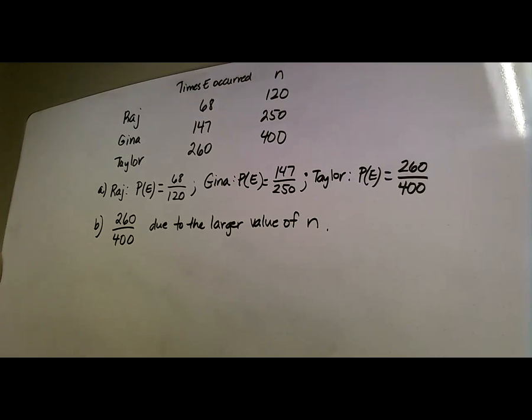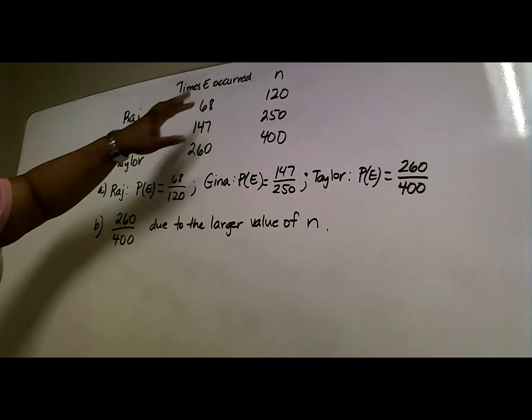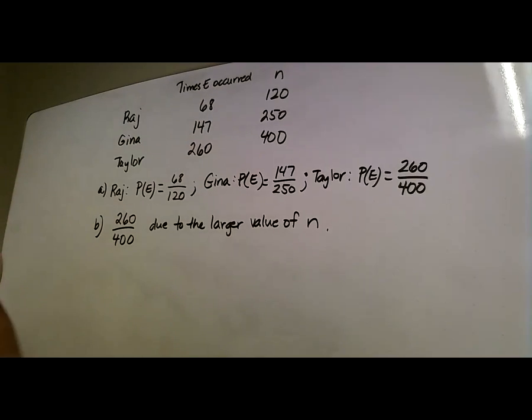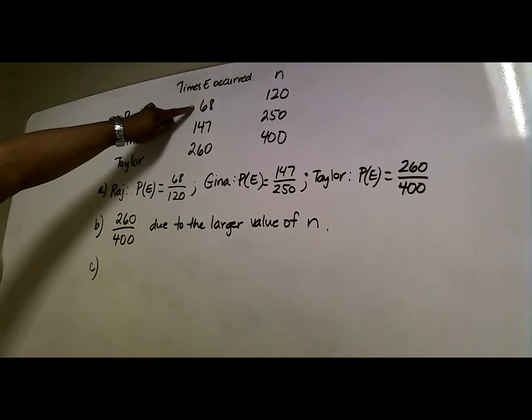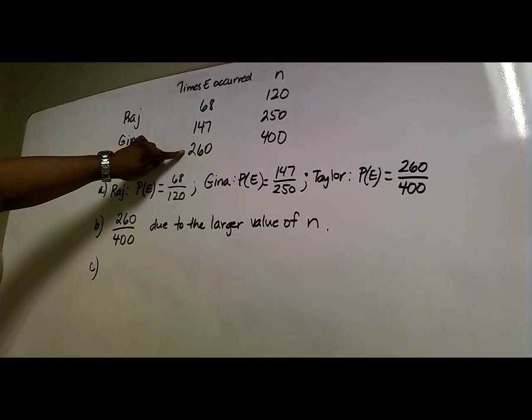And then part C was, how could these results be combined in some way to obtain a potentially better estimate for the probability of event E? Average percentages. I would add these up. I would add the number of times that event E occurred for each one of these.